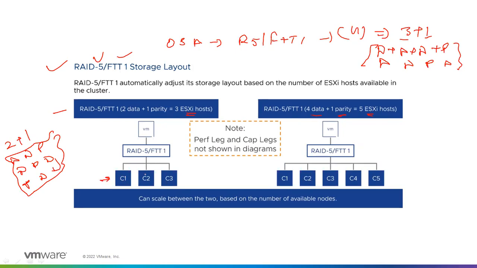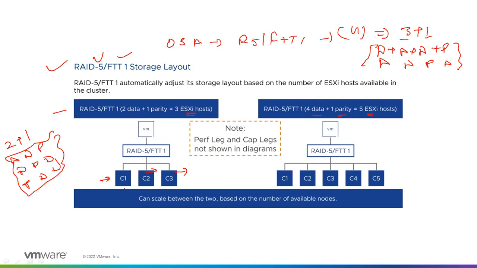Here this is C1, C2, C3. It's writing in that way, right? Note that perf leg and cap leg are not shown in this diagram. It's a native method, just telling you how natively it writes the data.